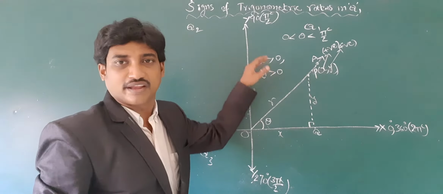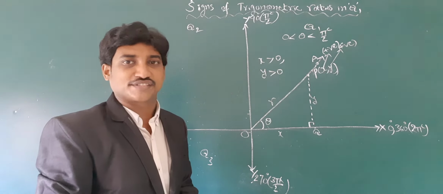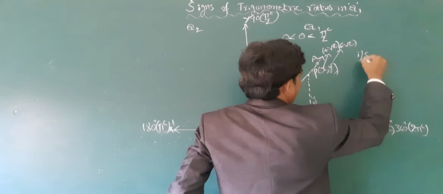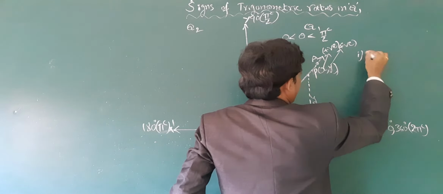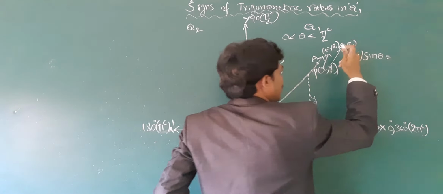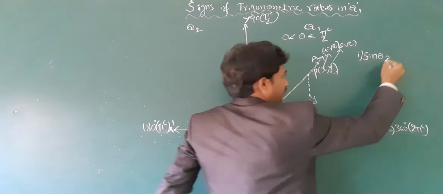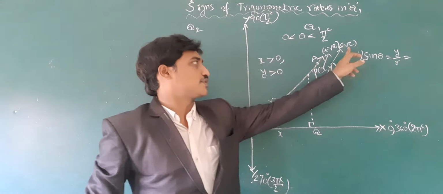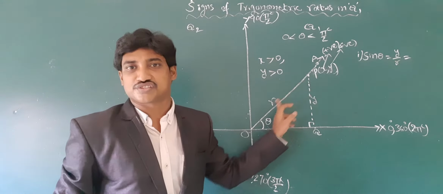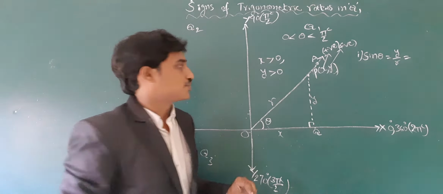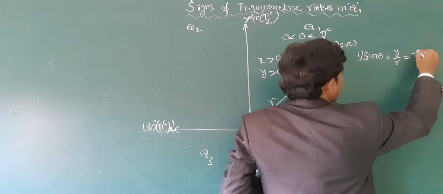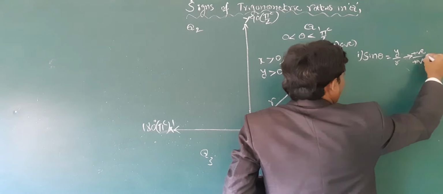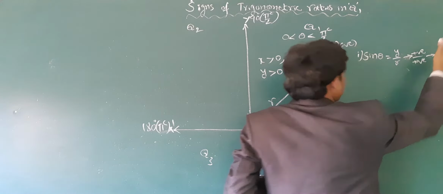Based on this, we can know signs of trigonometric ratios. First trigonometric ratio, sin theta. Sin theta ratio is Y by R. Here Y is positive, R is constant, that is positive. So positive quantity by positive quantity, we get a positive quantity.